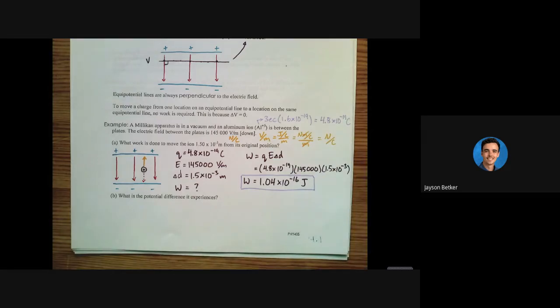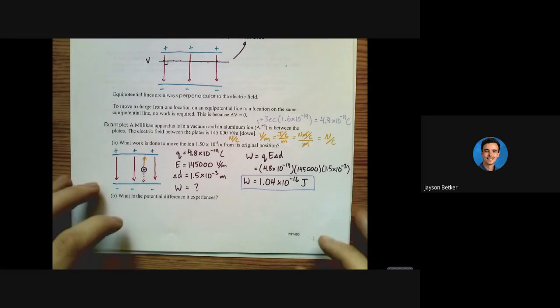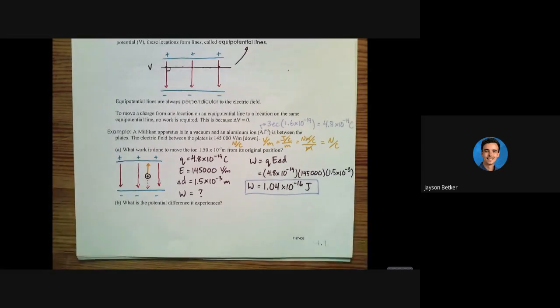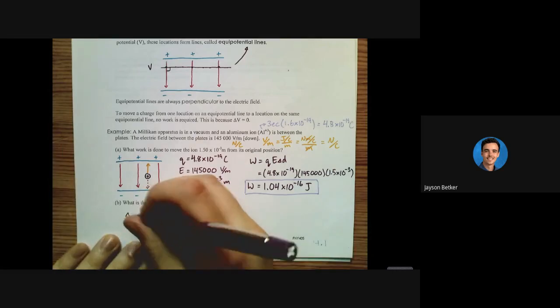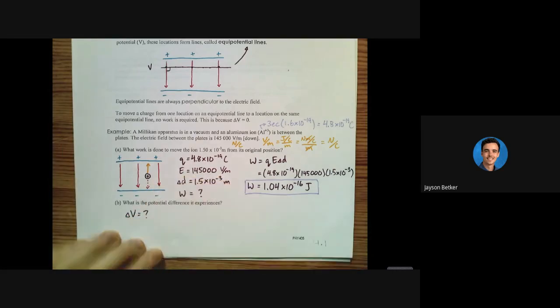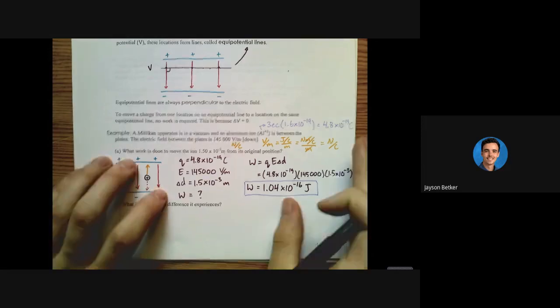Okay. Now, what is the potential difference that this object experiences? So what's the delta V? Same thing, we can go through our same stuff here.